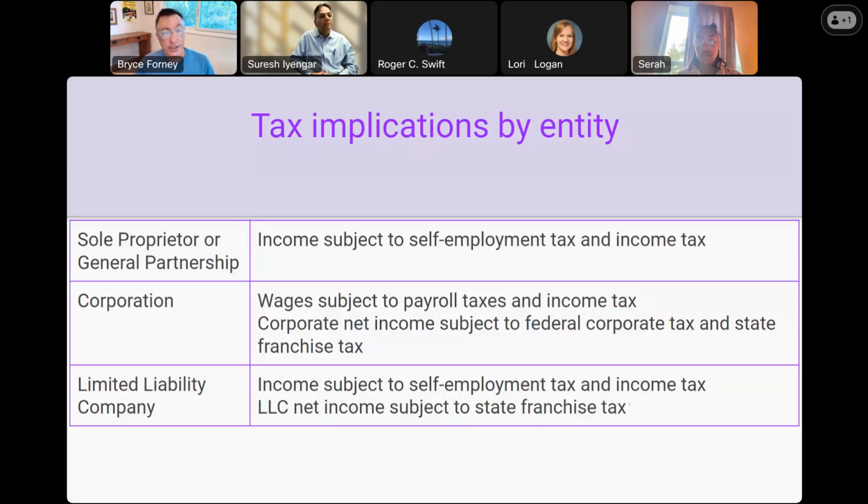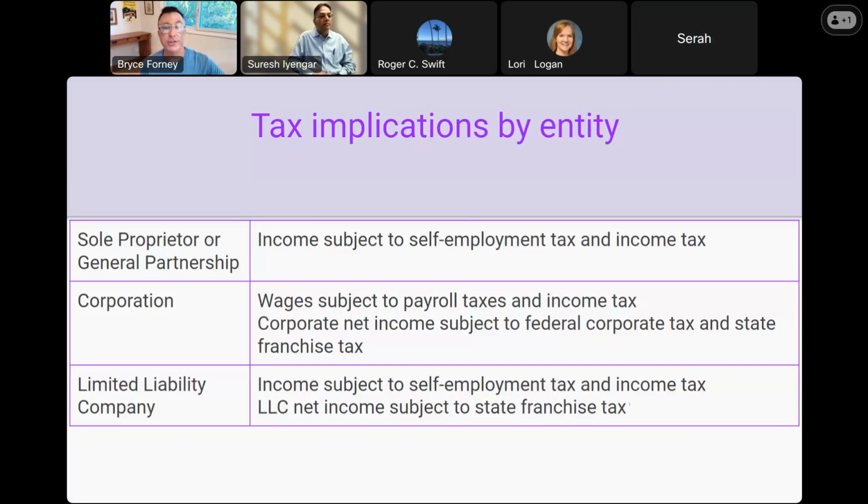And then the Social Security 12.4% drops off, and you're left with a 2.9% Medicare tax. And the Medicare tax goes up no matter how much you earn as a sole proprietor or general partnership. You're going to be subjected to the Medicare tax on your net income.